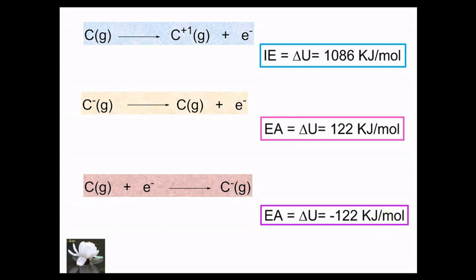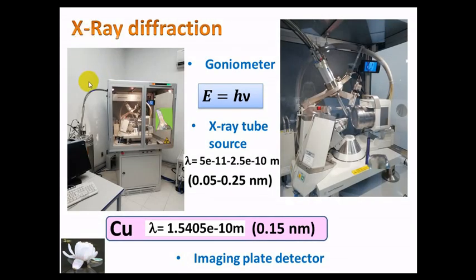kilojoules per mole. The next piece of equipment is the X-ray diffractometer for a single crystal. A crystal is put on the goniometer, and the energy depends on the wavelength of the X-ray tube source.